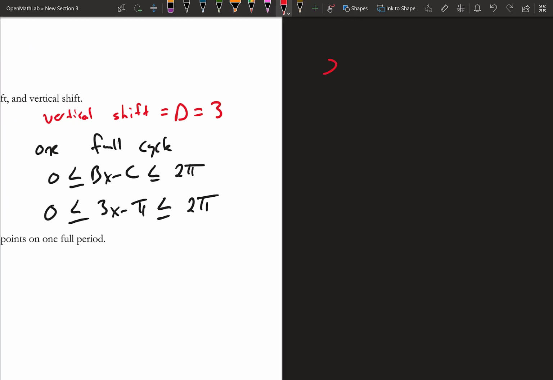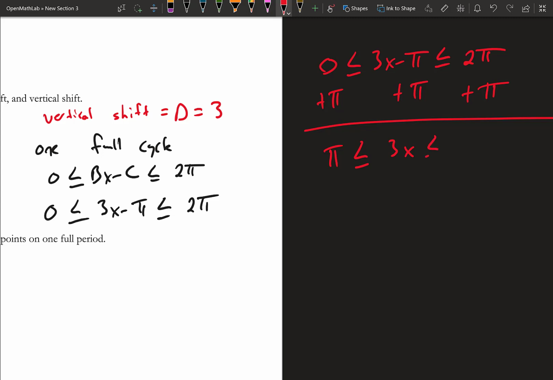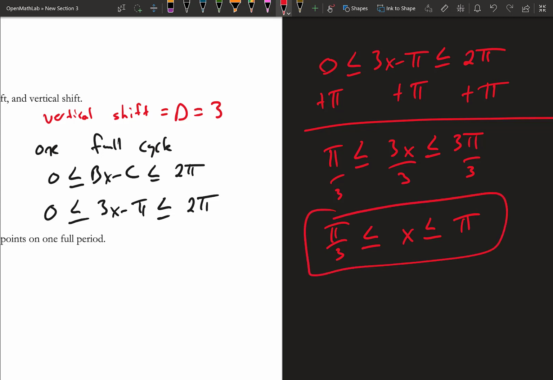We could add pi to both sides, and we get pi less than or equal to 3x less than or equal to 3 pi, and then divide by 3. So we get pi over 3 less than or equal to x less than or equal to pi. Right, so this is my interval that I want to be on.